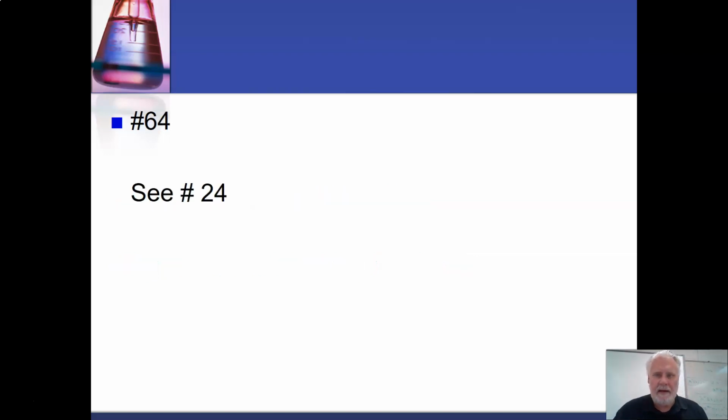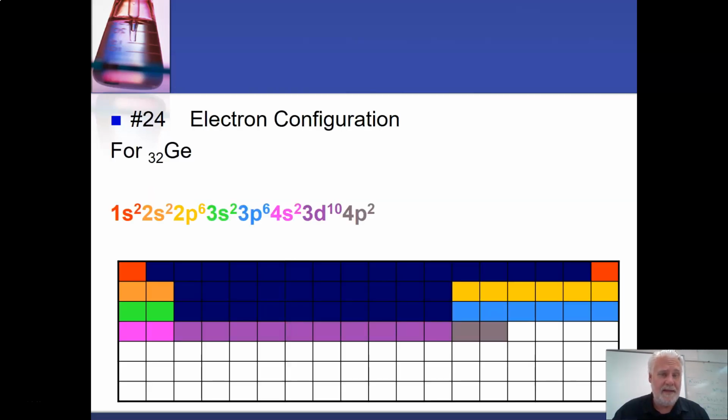All right. So for number 64, you can just look back at the earlier part of your notes to number 24, where we did the 1s2, 2s2, 2p6, and so on. And you just keep chanting. You go right through.